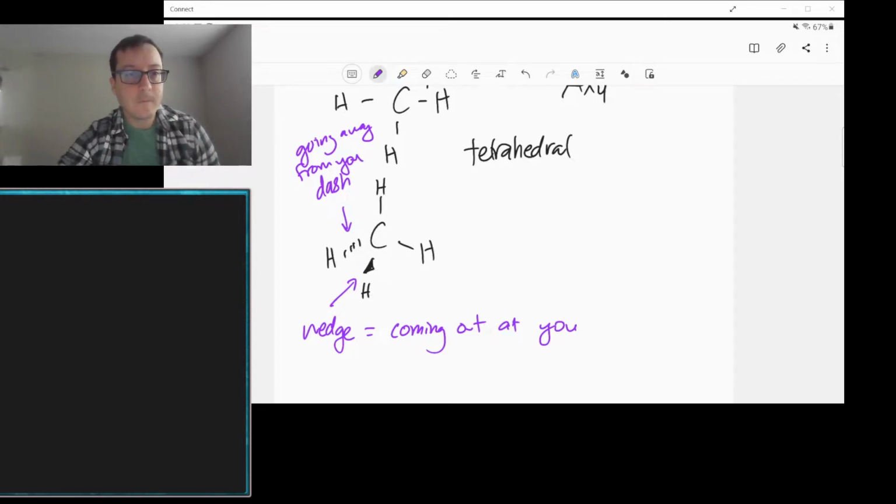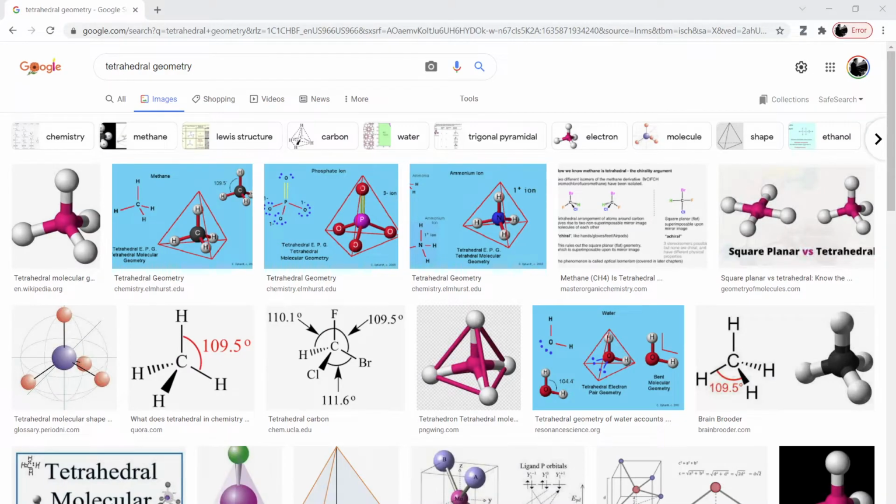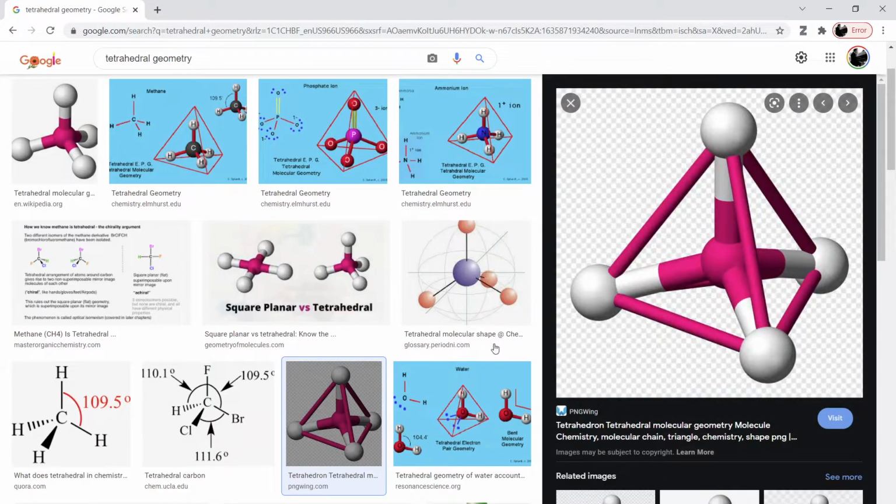Okay, so let me switch the window over because I always forget. Yeah. Okay, because 3D things are always better on Google. All of these have tetrahedral geometries. This is actually probably a pretty good one here.